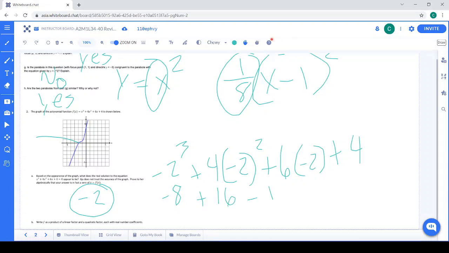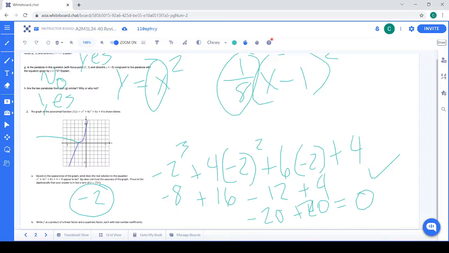This is going to be -12 plus 4. Well, I've got a total of -20 and a total of +20, which is equal to 0. So yes, it checks out that -2 is a real solution. Sorry, it's not a factor, it is the real solution. All right, write F as a product of a linear factor and a quadratic factor.